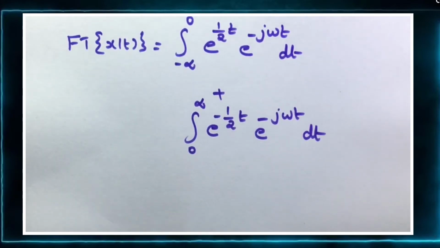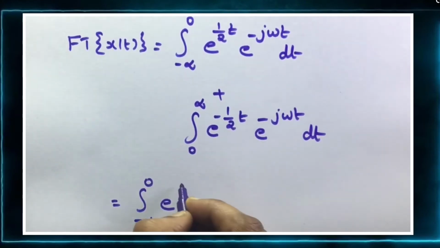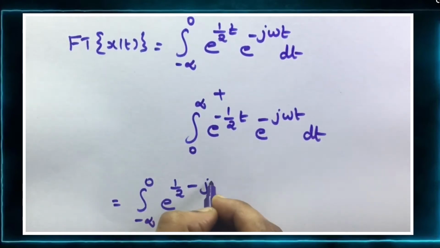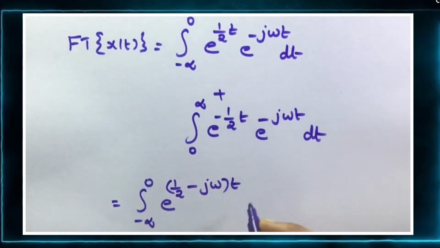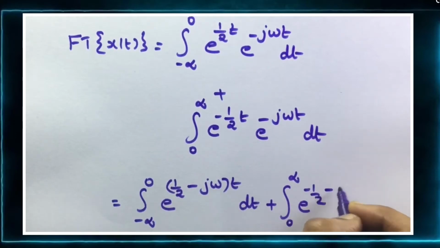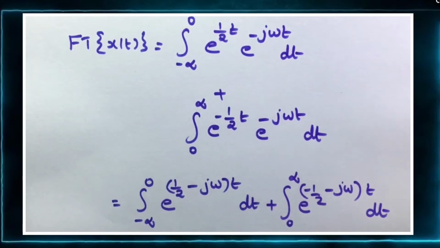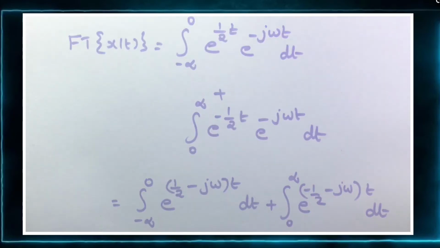It can be rearranged as integral minus infinity to 0 e raised to (1 by 2 minus j omega) t dt plus integral 0 to infinity e raised to (minus 1 by 2 minus j omega) t dt. Got it? Next we are going to perform integration.